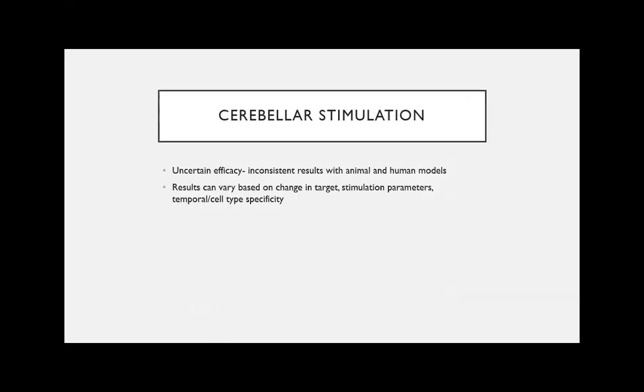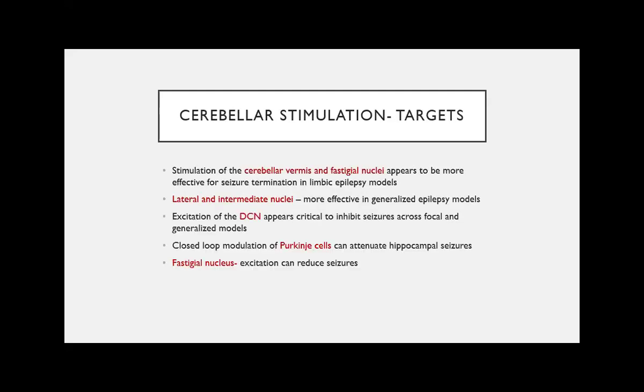So it has been studied extensively, but currently it has been found to be of uncertain efficacy, that is, inconsistent results with animal and human models, and the results can vary based on change in target, stimulation parameters, temporal or cell type specificity, based on the different models or studies they are using.